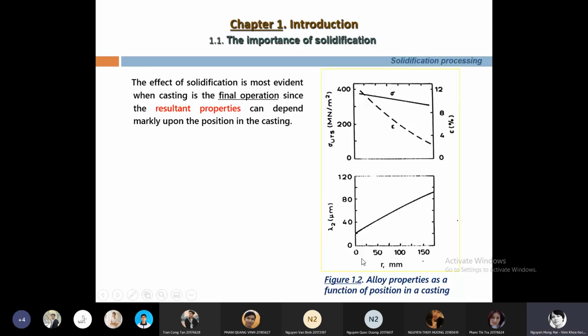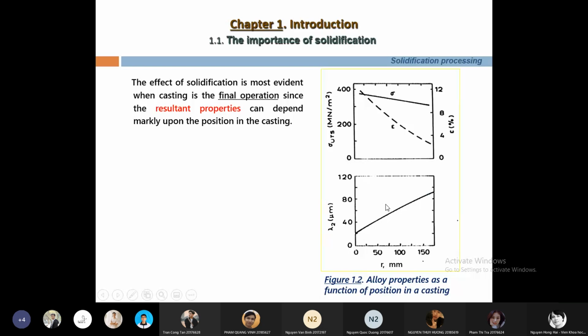So you see if the dimension of the casting component is larger, the cooling rate will be lower. If the cooling rate is lower, solidification is slower, so the microstructure is coarser. It means the secondary dendrite spacing increases with the dimension of the casting.